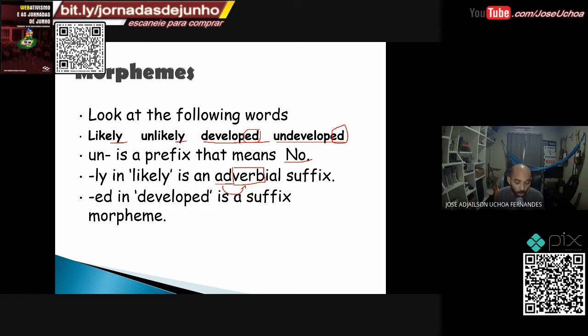Prefixes are morphemes, suffixes are morphemes. Some of them have an independent meaning in English. They mean on their own. They are also words. Some of them will only have a meaning when you go back in the history of language to its Latin or Greek or Celtic or Gallic origin.